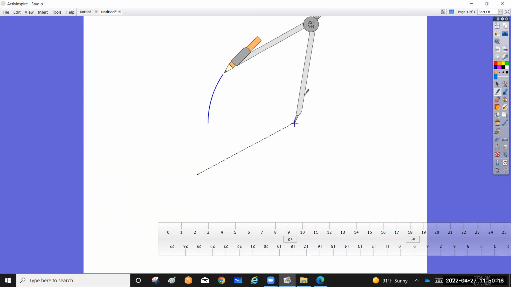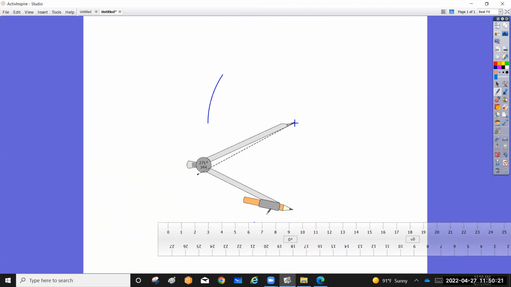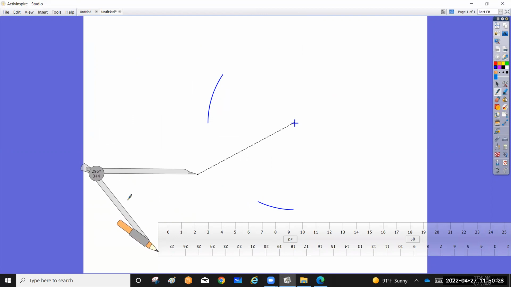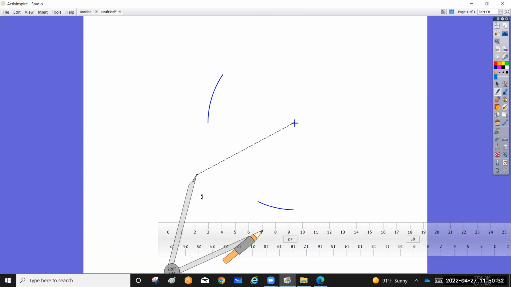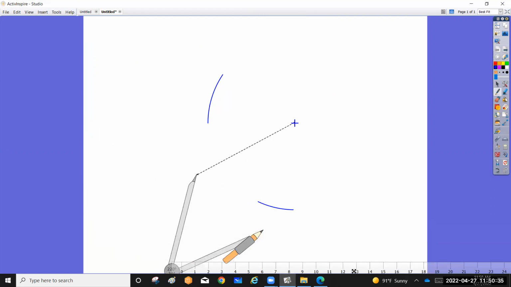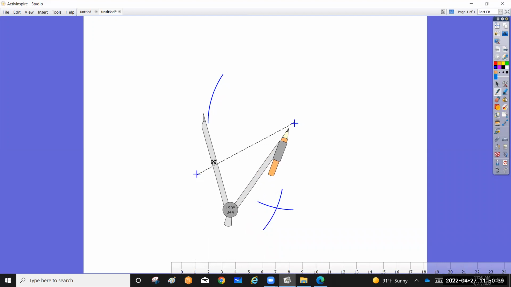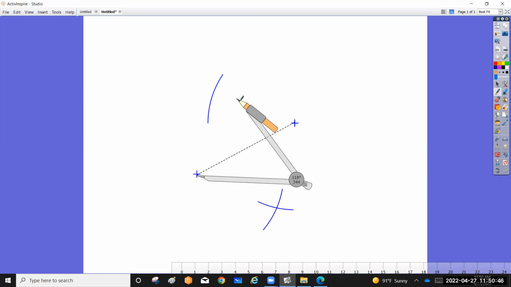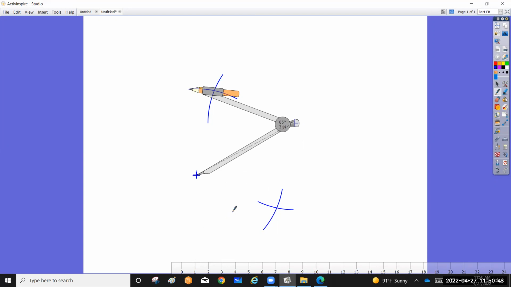Draw an arc up, and then go to the bottom of the line segment and draw another arc. Move the compass to the other end and draw 2 arcs that intersect with the other 2 arcs you drew, with the center at this end. Move the compass until the arcs intersect.